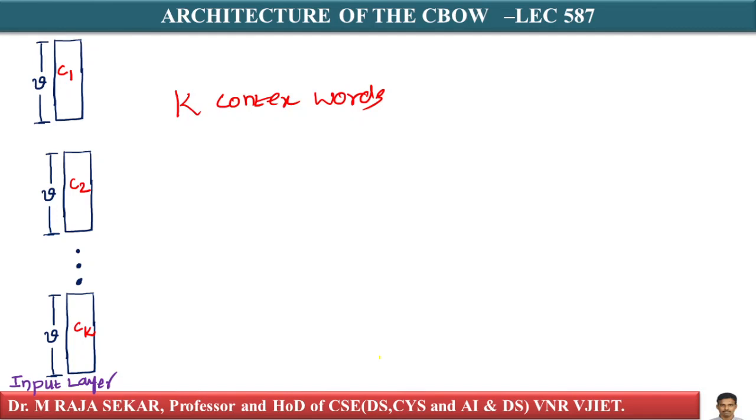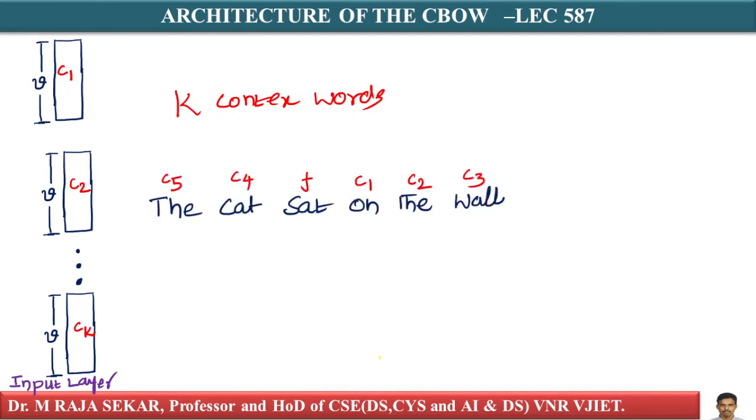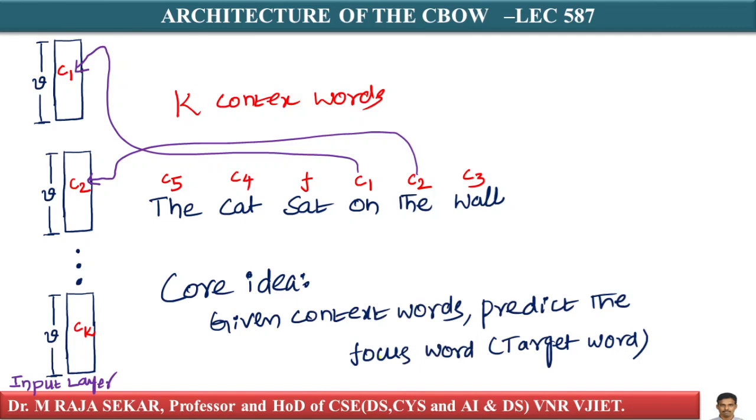The second context word is also a v dimensional vector. Even the kth context word is also a v dimensional vector. Just try to recall this sentence where f means focus word or target word. C1, C2, C3, C4, C5 are known as context words. Let me assume I am keeping C1 in the first box, C2 in the second box. In a similar manner I can represent CK.